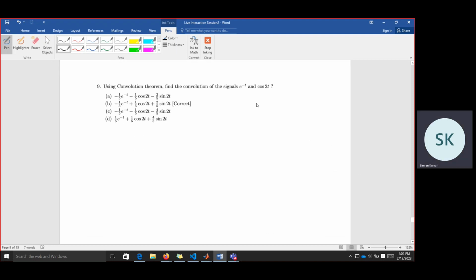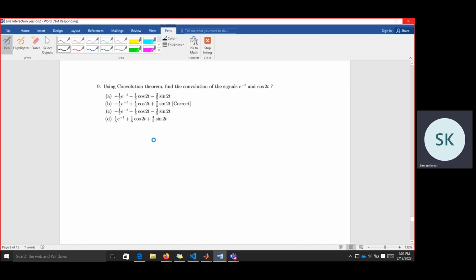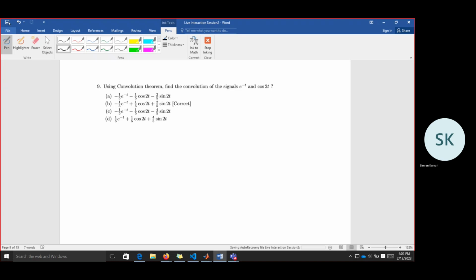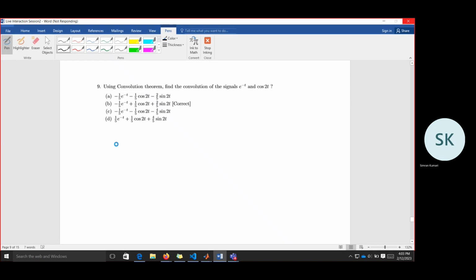So now we have convolution. You have to apply the convolution theorem, basically to convert it to Laplace and then find the inverse Laplace transform of this one. So e to the power... Okay, let it settle.